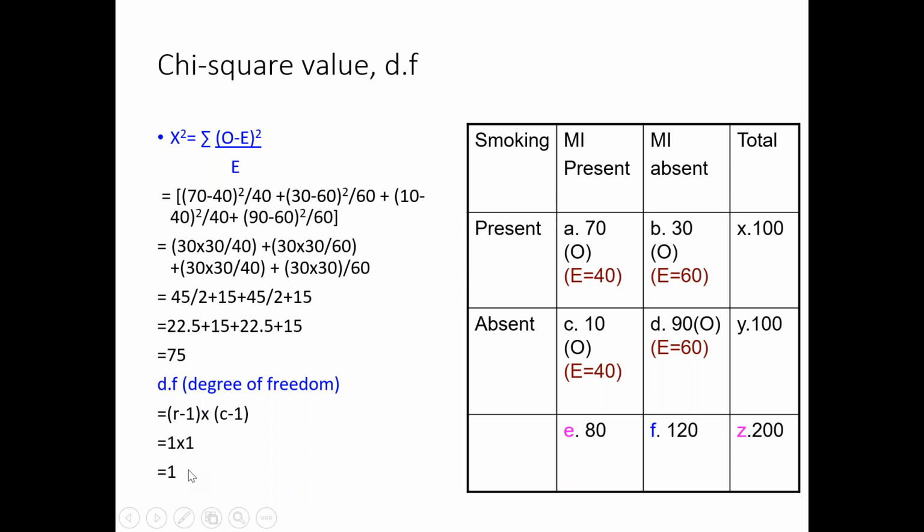In that example, I told you that in degree of freedom 1, if the chi-square value is more than 3.84, then the p-value will be less than 0.05. This 75 is much more than 3.84. So I can say that your null hypothesis is rejected, and you can say that myocardial infarction is more prevalent among smokers as compared to non-smokers.